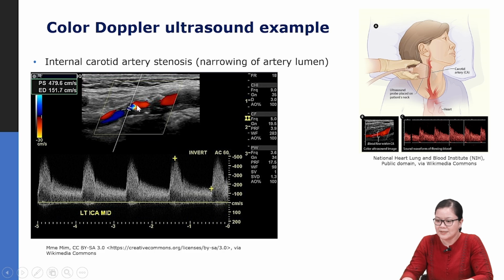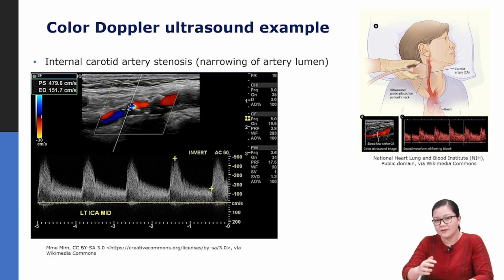Here we see the carotid artery, and you can see that there's red and also some blue hue in this image. What this indicates is that there could be some sort of stenosis causing turbulence, and that turbulence can have mixing effects at the other end of the stenosis.